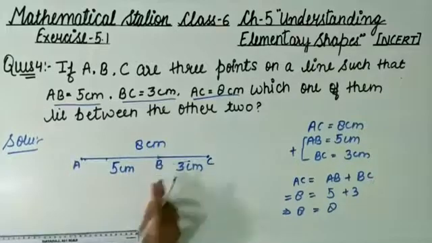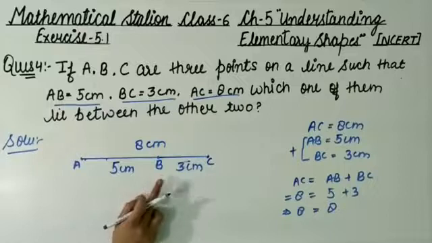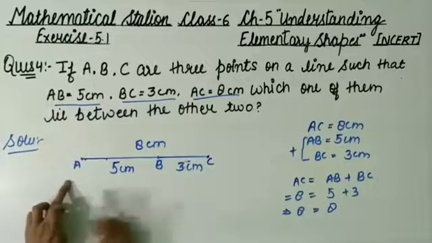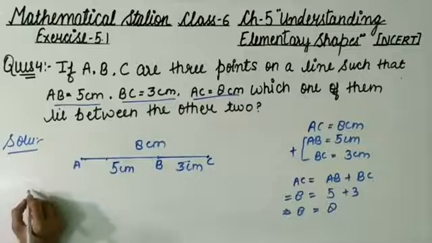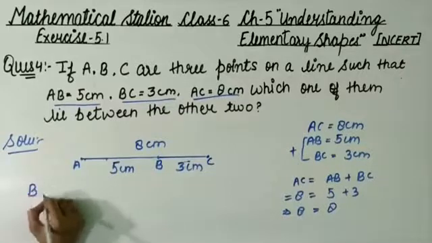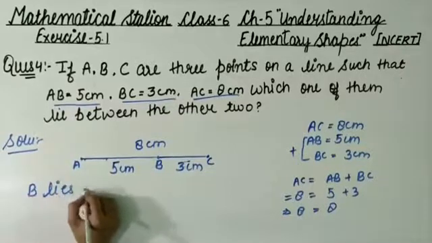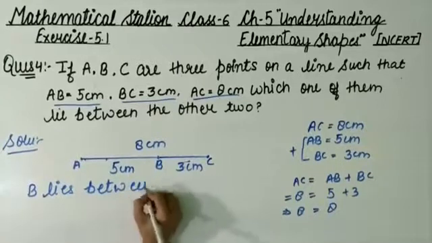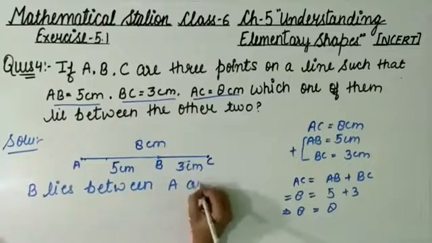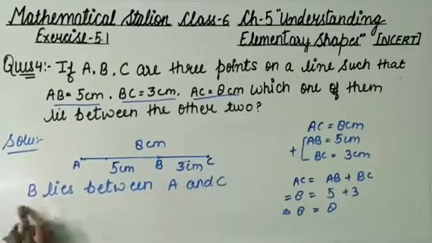Now here we can see that on one side there is a point A and on another side there is a point C, and point B lies in between. So what will we write? It will be B lies between A and C. This was our question number 4.